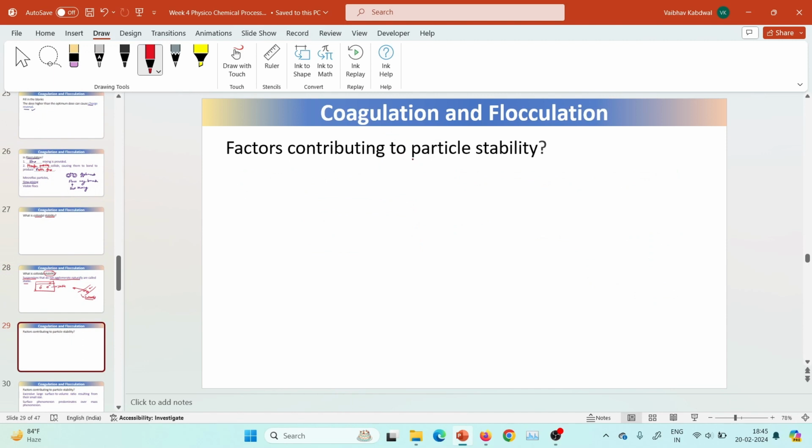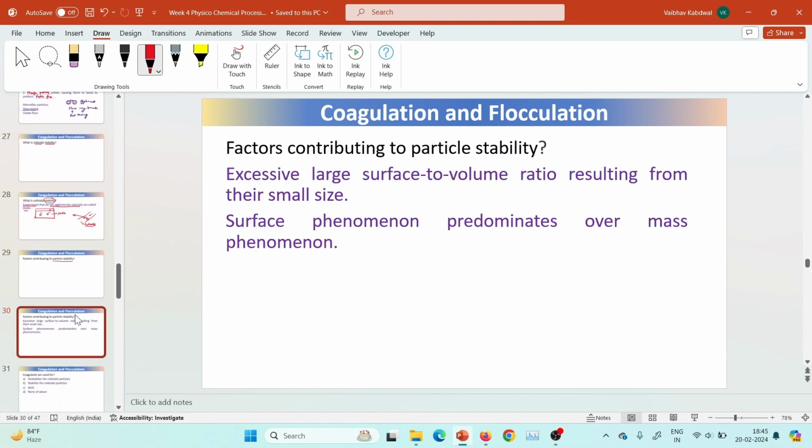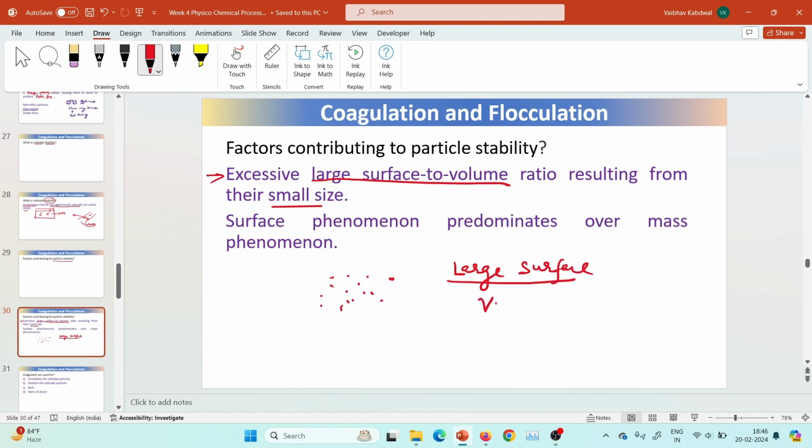Factors contributing to particle stability. So what are these factors? Understand. Excessive large surface to volume ratio resulting from their small size. So the first point is they are very small in size, so they have a very large surface to volume ratio.